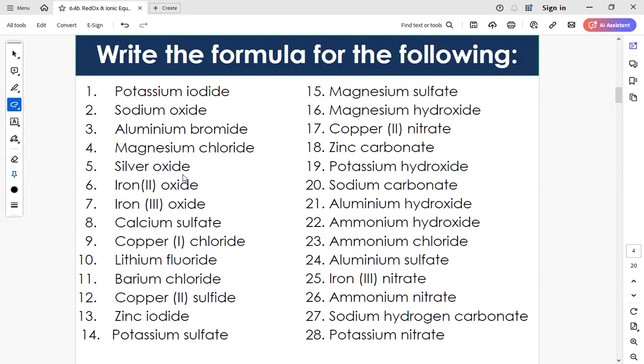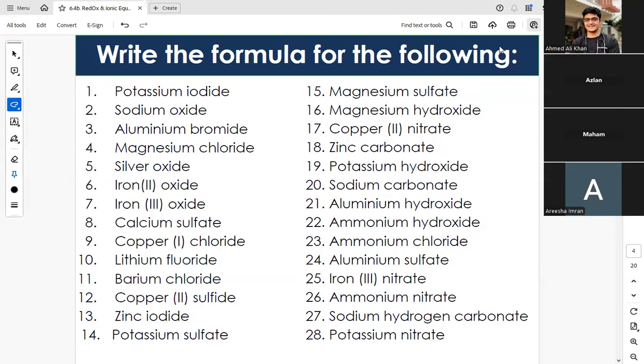So let's just try a couple of these. Can you tell me the formula for the first one? Maham. Maham, can you tell me the formula for the first compound?